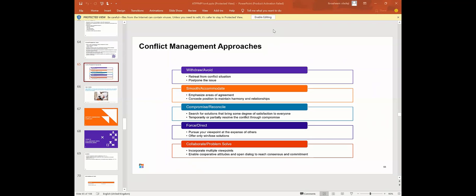Then the second one is smooth / accommodate. Emphasize areas of agreement, concede position to maintain harmony and relationships.